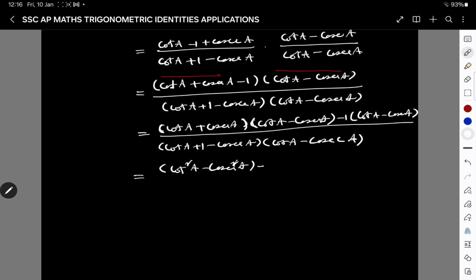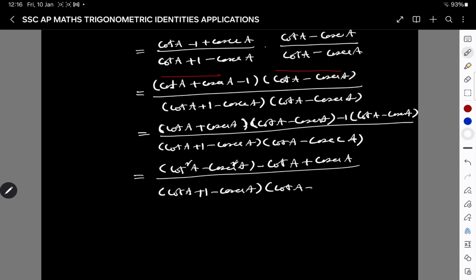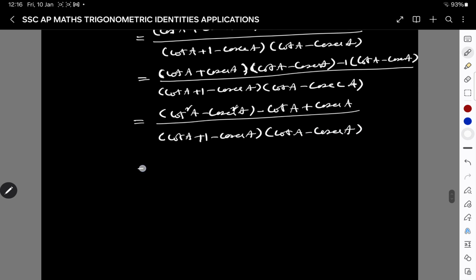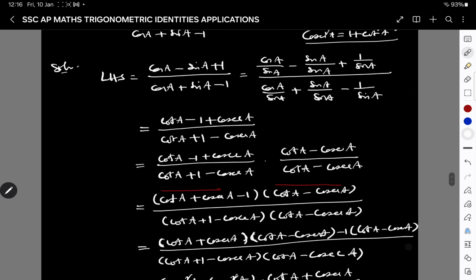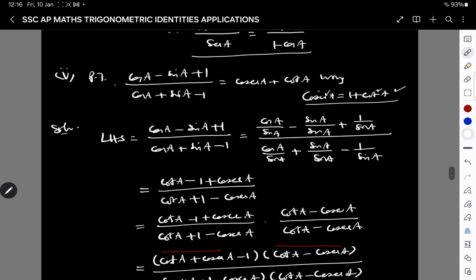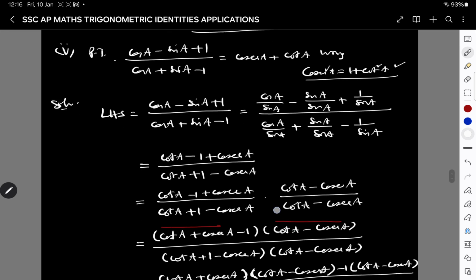minus 1 is taken in, absorbed inside, so it is minus cot A plus cosecant A by cot A plus 1 minus cosecant A, cot A minus cosecant A, and 1 plus cot square is cosecant square, so cot square minus cosecant square, how much? Cot square minus cosecant square is minus 1.